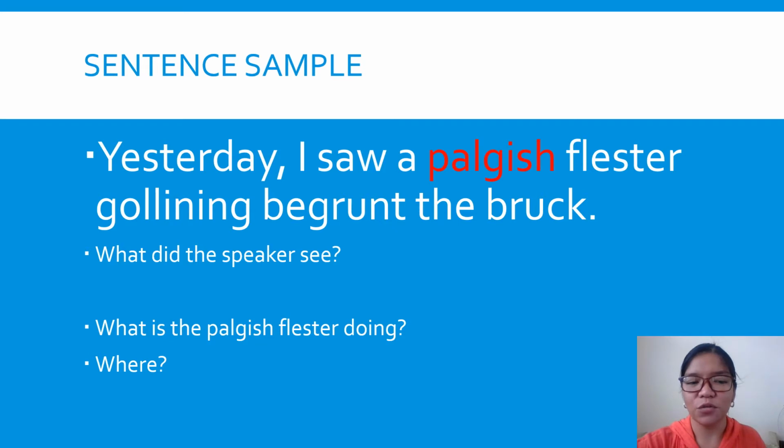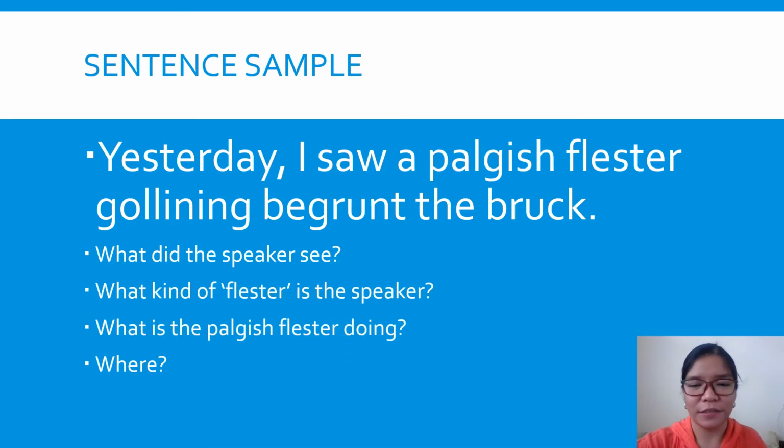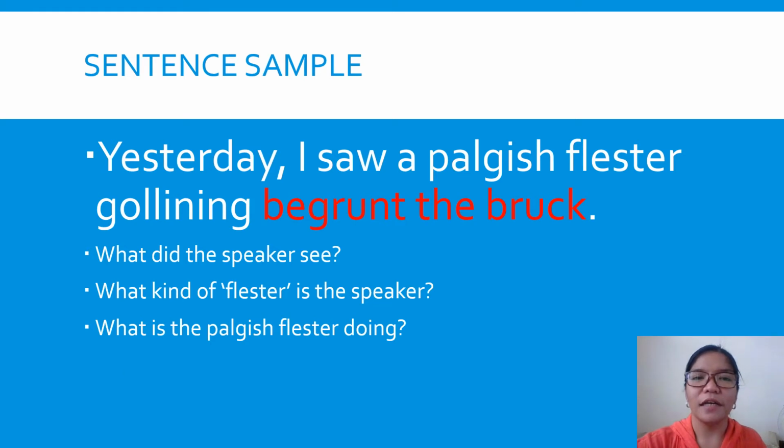And then next question, what is the palgish fluster doing? Do you have any guess? The palgish fluster is go-lining. And where? It is go-lining big-run the brack.